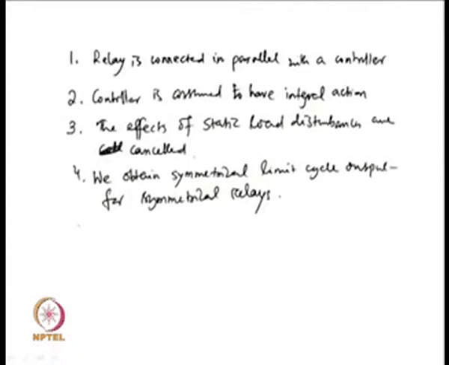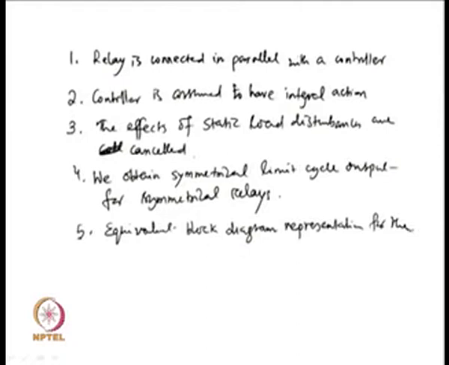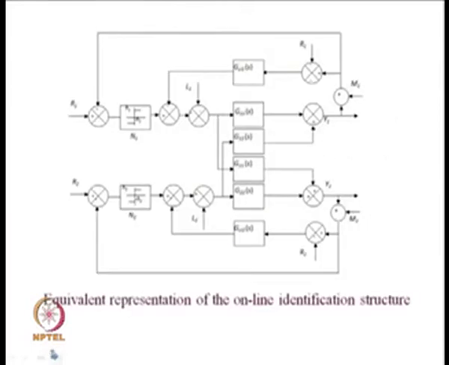Now, further we can get a simpler equivalent block diagram representation for the online scheme compared to that of the offline scheme. A simpler one can be obtained. How will it look?